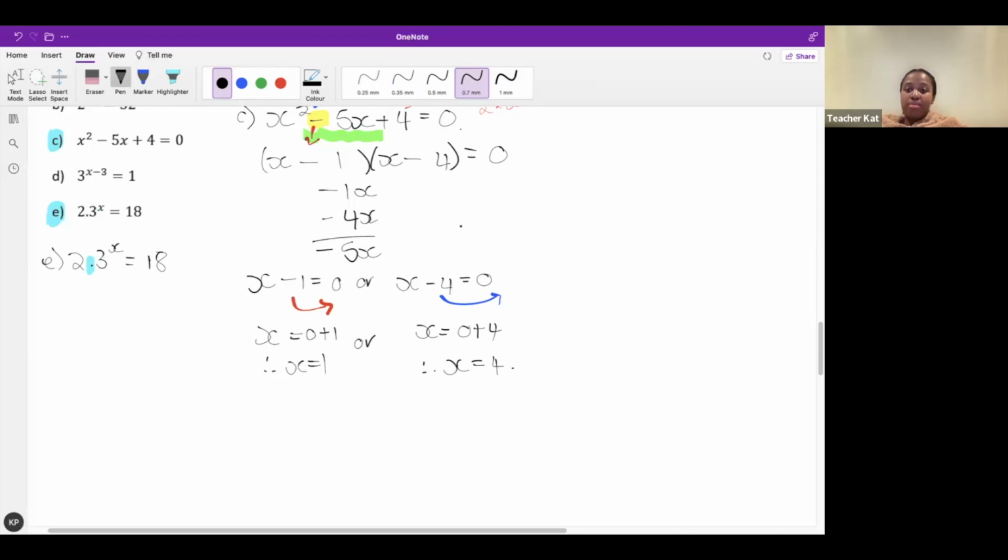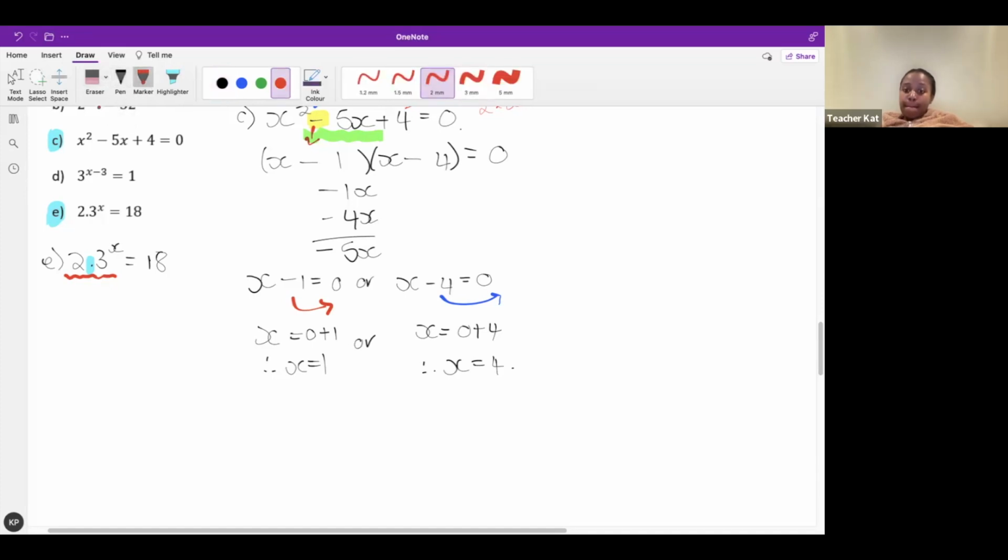Is it 2, 3? No, thank you, Neil. It's a multiplication. So we have 2 times 3 to the power of x is equal to 18. I said we don't want anything else near my x over here. So how do I get rid of a times 2? That's a very big clue. How do I get rid of times 2?